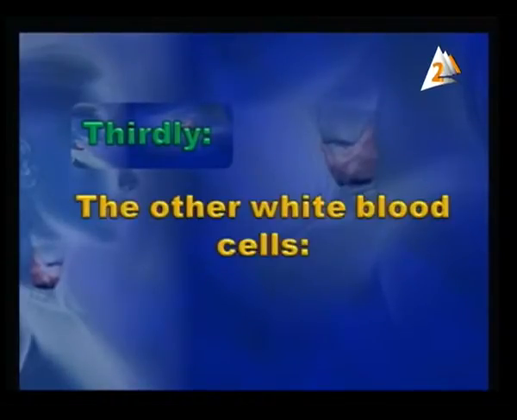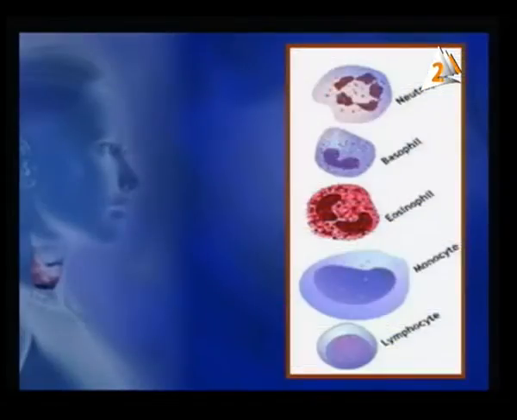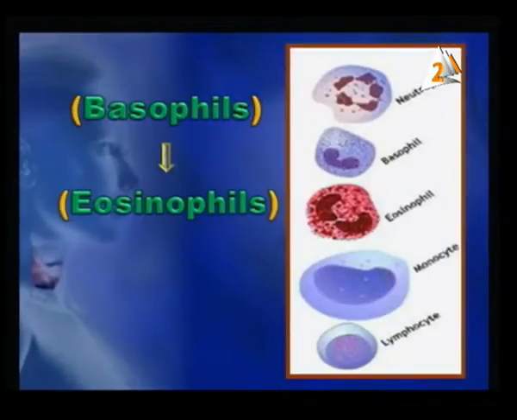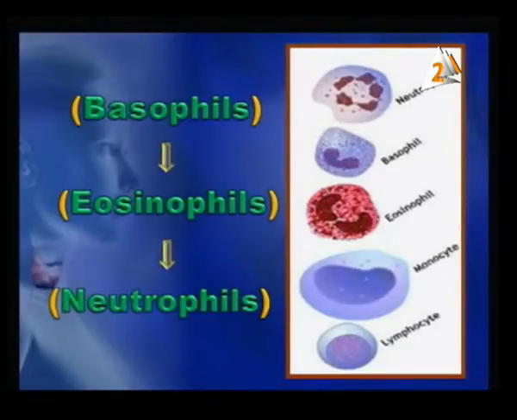The third point of our immune system will be other white blood cells. There are four main types. The first three types are basophils, acidic cells, eosinophils, and neutral cells, neutrophils.